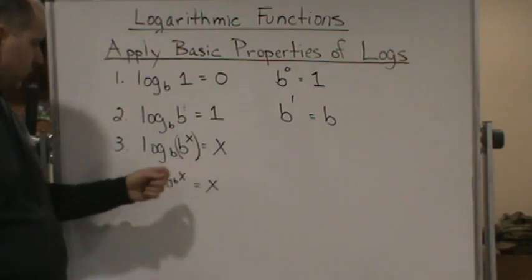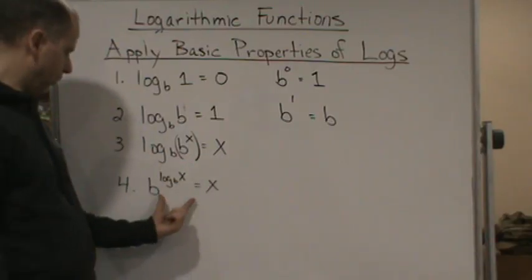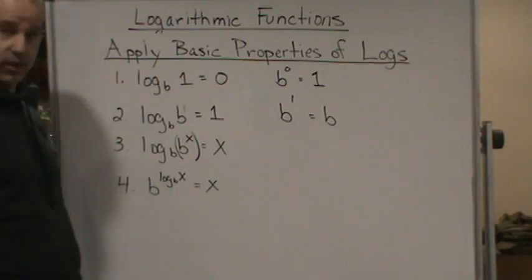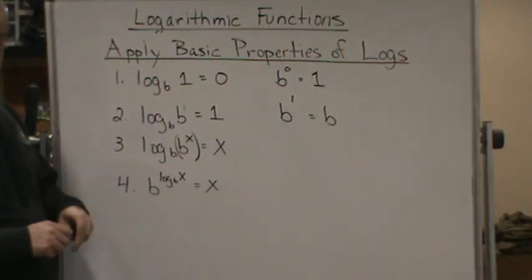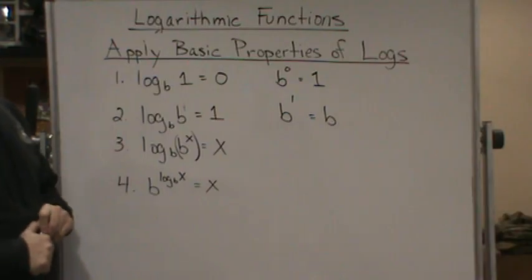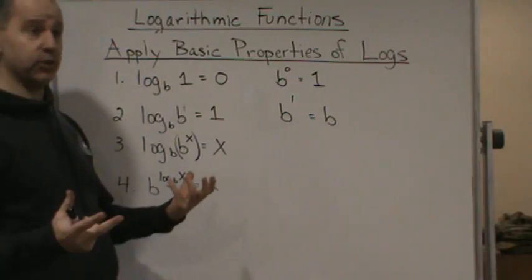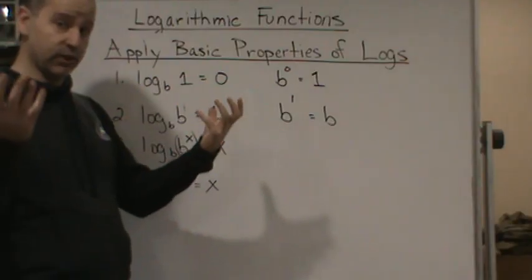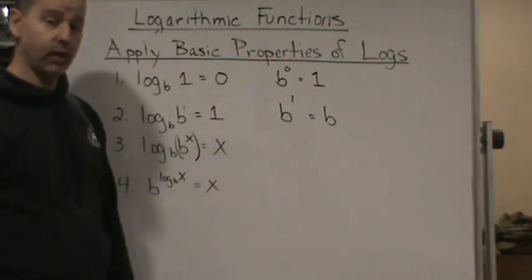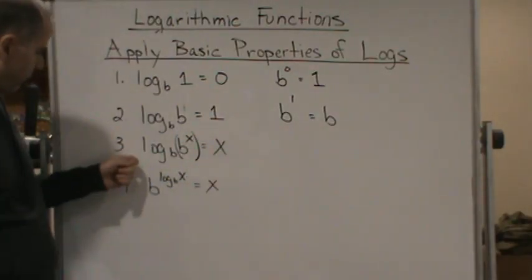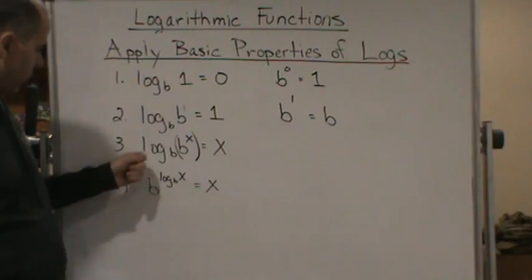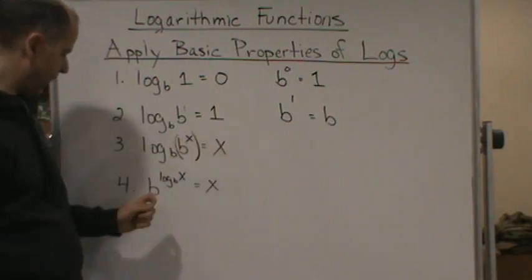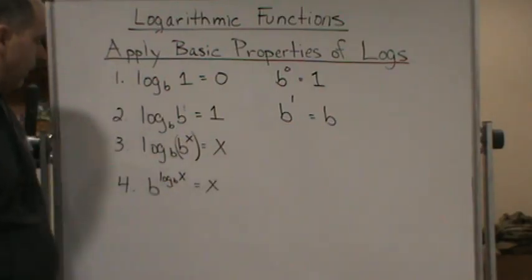Whether you compose it this way or this way, 3 and 4 are just using the fact that exponential functions and log functions of the same base are inverse functions, and the definition of an inverse. You compose it this way, you get x out. You compose it this way, you get x out.